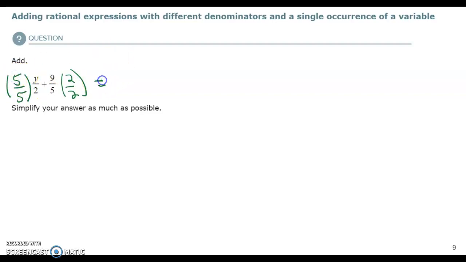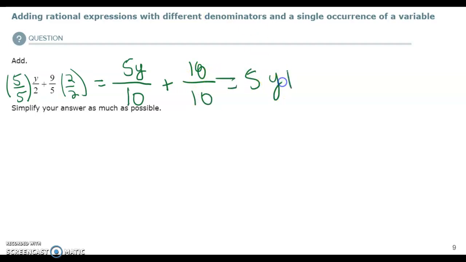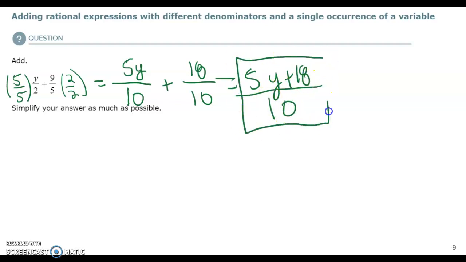This asks us to simplify our answer as much as possible, so we're actually going to do the math. We have 5y over 10 plus 18y over 10. And this is what we'd end up with.